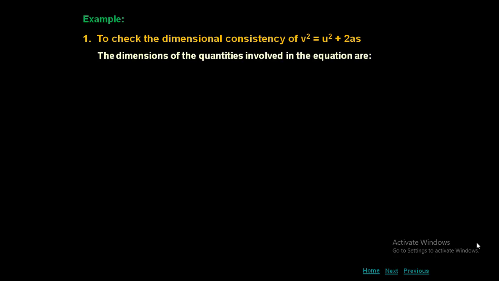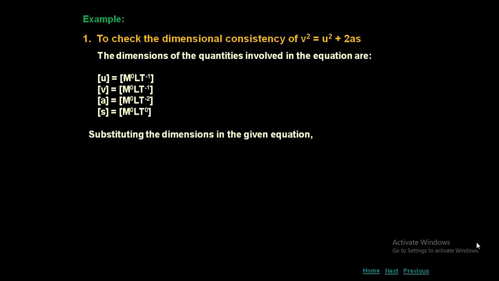So the dimensions of the quantities involved in the equation are: u, initial velocity, LT to the power minus 1 is the dimensional formula; v, final velocity, LT to the power minus 1 is the dimensional formula; acceleration, the dimensional formula is LT to the power minus 2; distance or displacement, L. I have taken all four dimensional formulae.